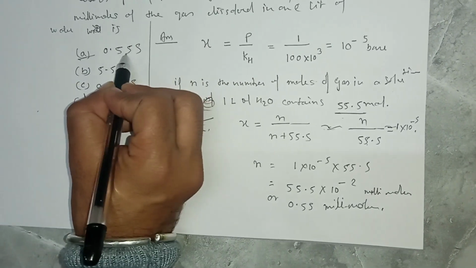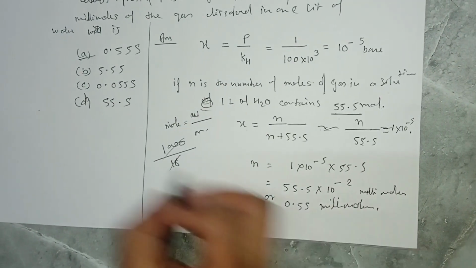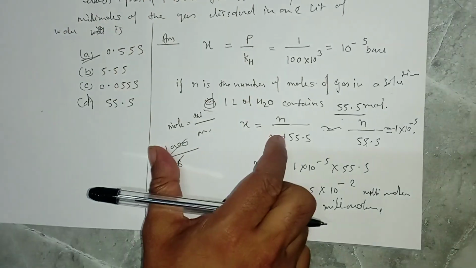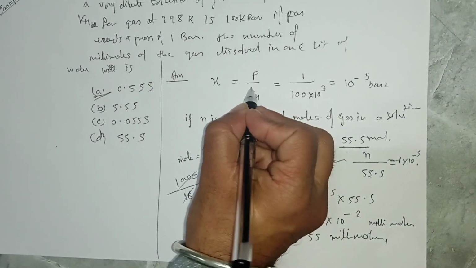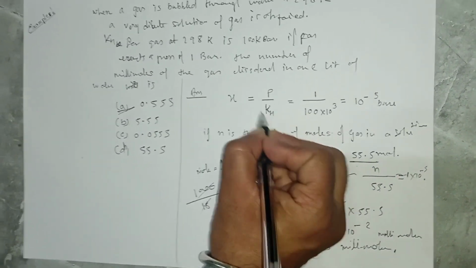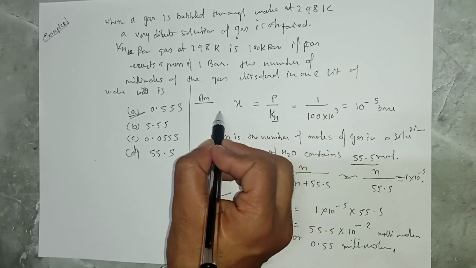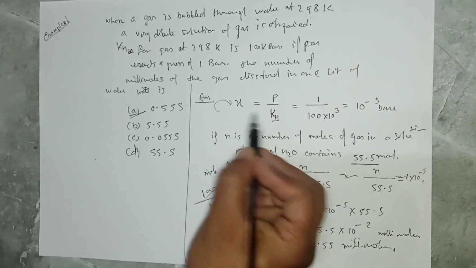This A will be the answer, 0.55 millimoles. Okay, this is the process: how we can use Henry constant in order to find the solubility of a gas in water.